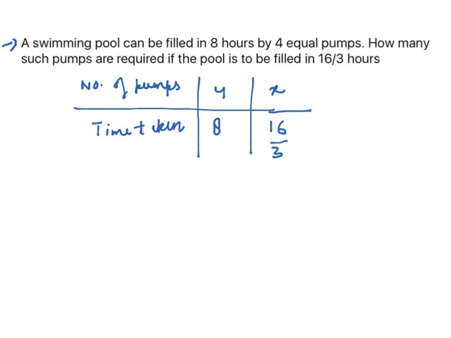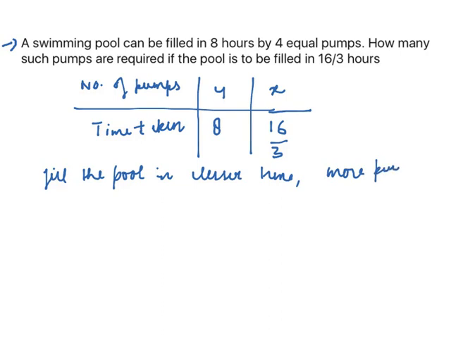So that means to fill the pool in lesser time, more pumps are required. So this is a case of indirect variation.